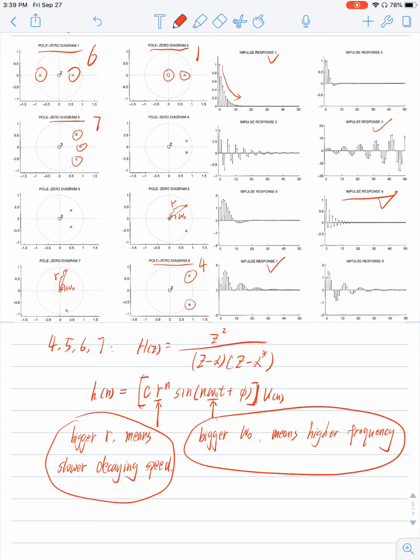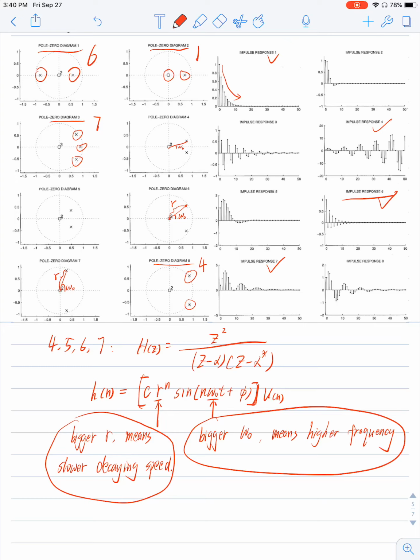Notice that diagram 7 has the biggest omega 0, and diagram 4 has the smallest omega 0. So diagram 7 has the highest frequency, and diagram 4 has the lowest frequency.